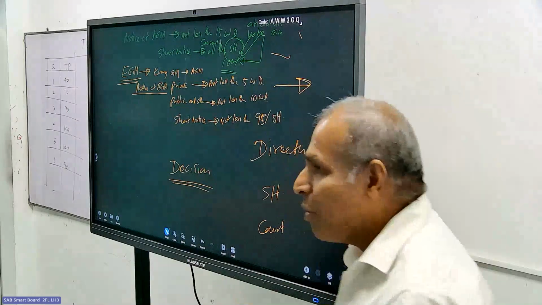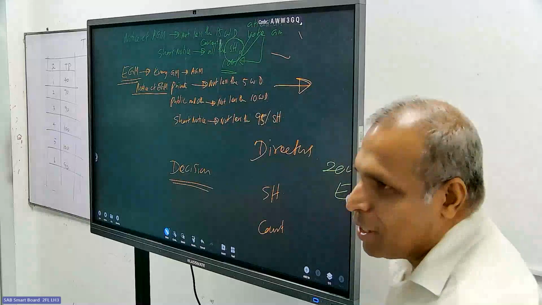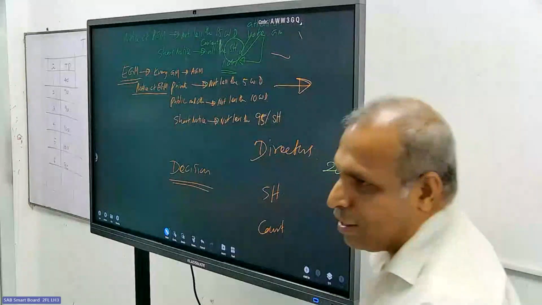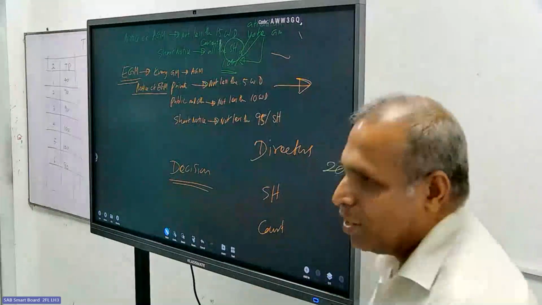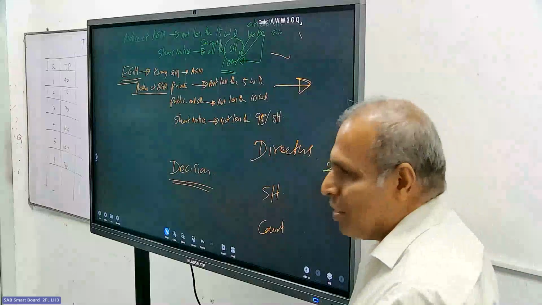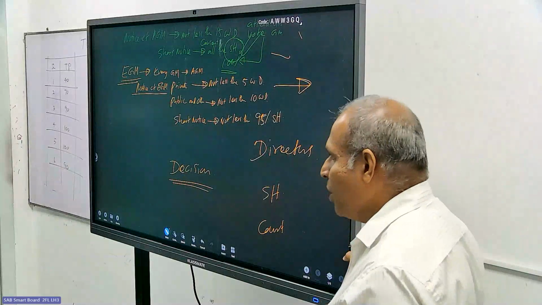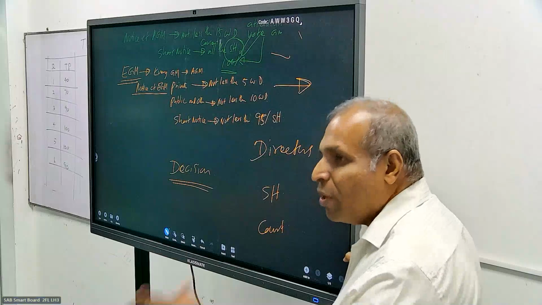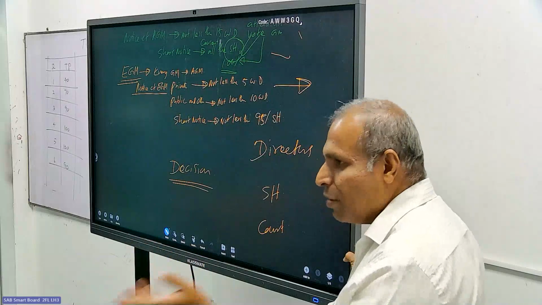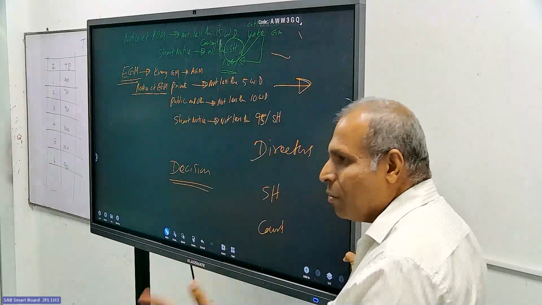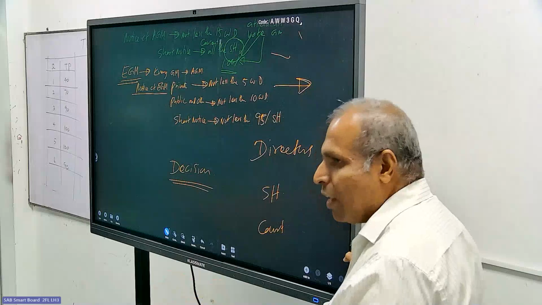In order to change the name of the company, the decision has to be taken. In order to make the decision, a meeting has to be called. At the meeting, shareholders can make the decision. In order to remove a director, the decision has to be taken.